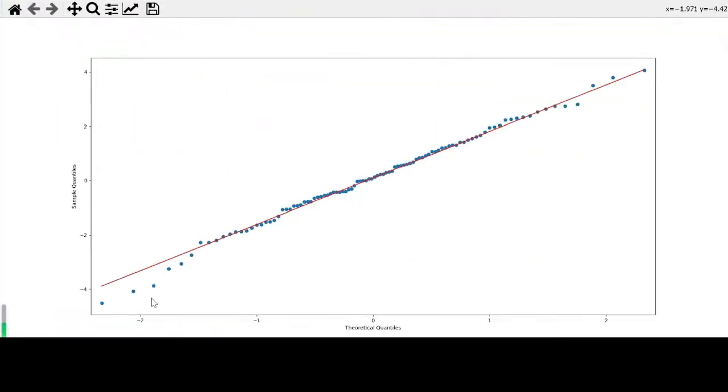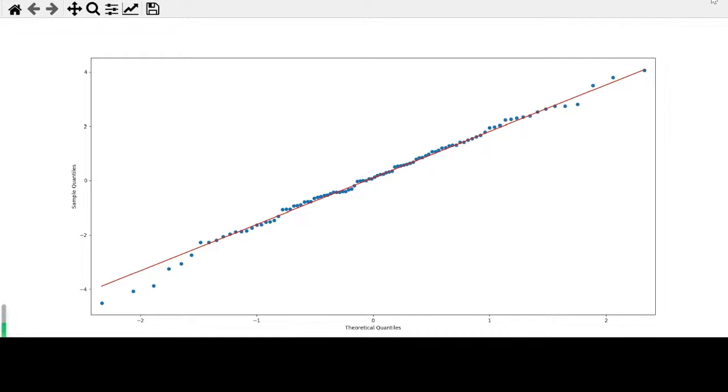You can see here, the data is quite random, but in the lower part and upper part, they form an S shape. So it is very difficult to say that it comes from a normal distribution. Although in the middle part it is quite close to the straight line, at both ends of the data it does not look normal.